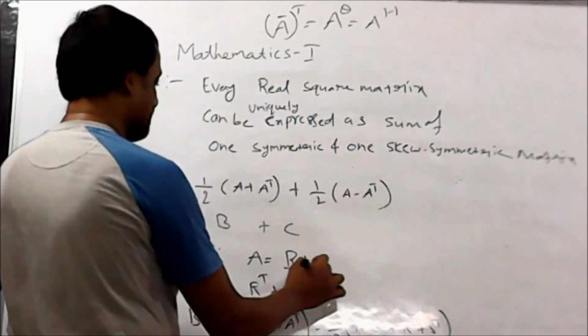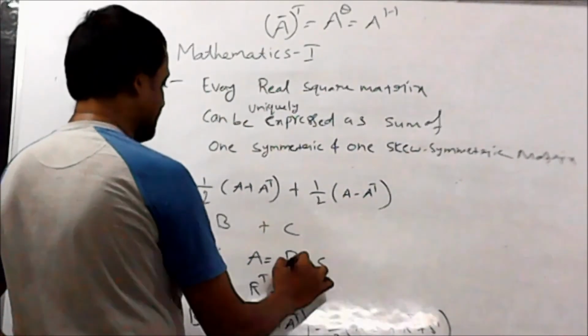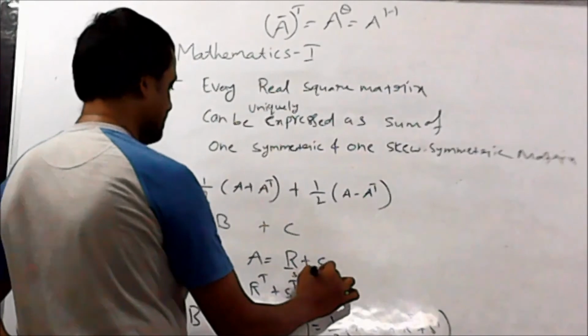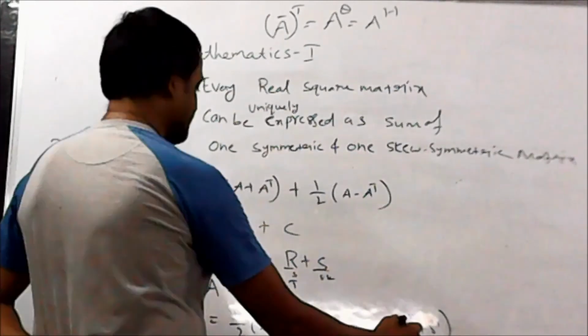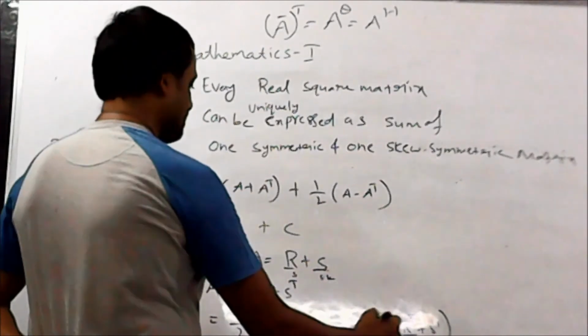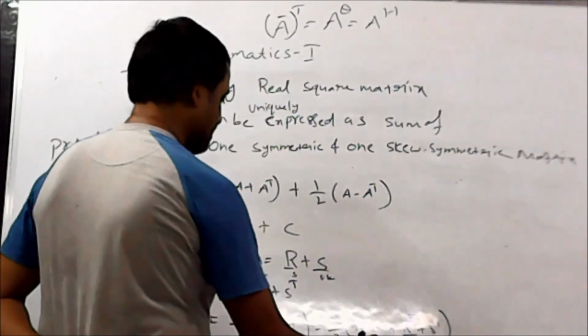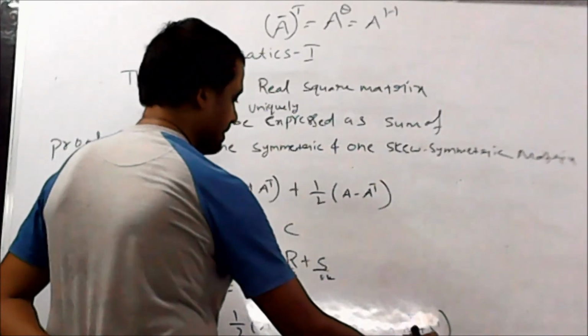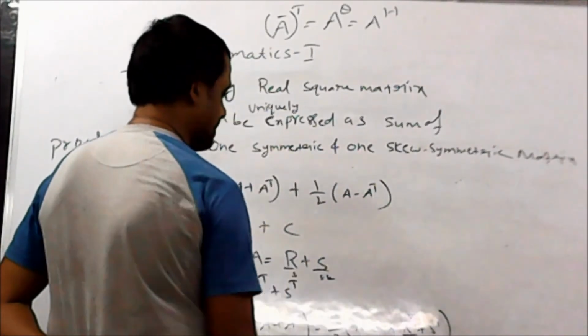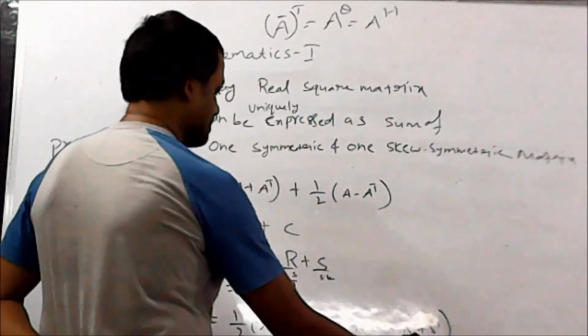We assume R plus S where R is symmetric and S is skew symmetric. So R transpose will become R. So 1/2 (R plus S plus R transpose plus S transpose): R transpose is R, S transpose will become minus S because S is skew symmetric. The S terms will cancel out.